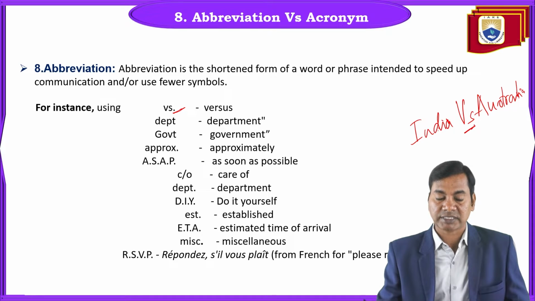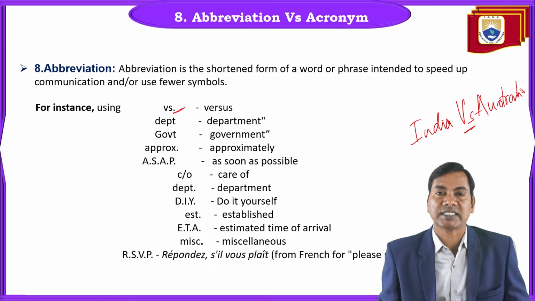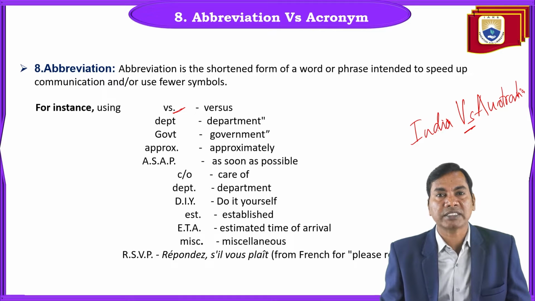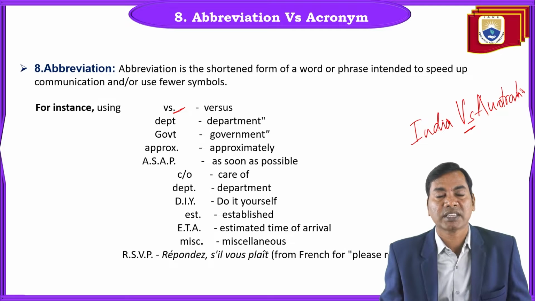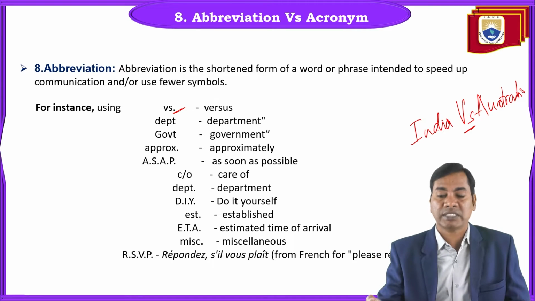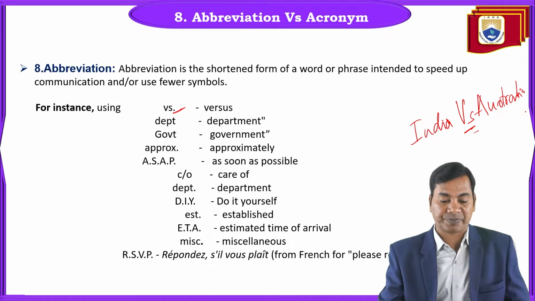So here VS is an abbreviation which means versus. To speed up our communication, we simply say India vs Australia. But while talking to others, we say India versus Australia. While writing on a piece of paper or showing on a TV, we say India vs Australia, right?